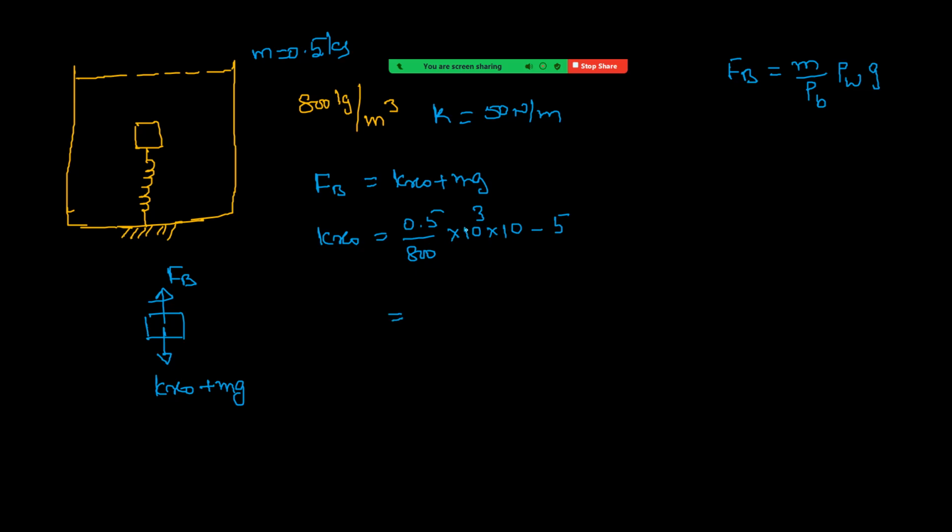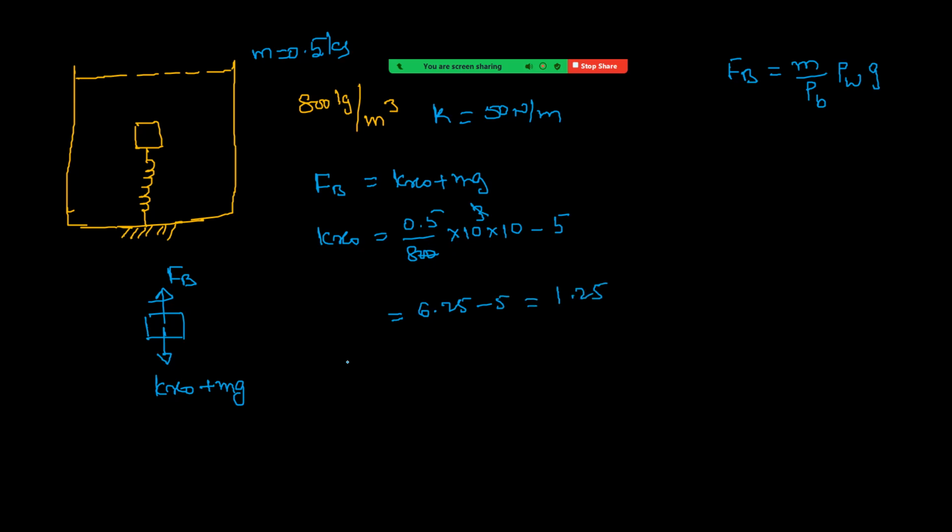Now see how much we get. We can see two zeros cancel, and here 2, remaining this is 5, this is 50. 50 by 8 means 6.25. 6.25 minus 5 is 1.25.